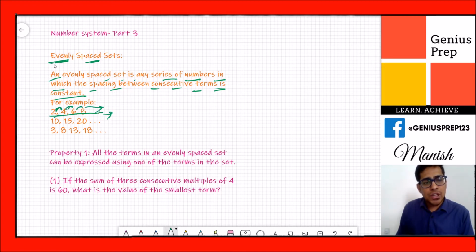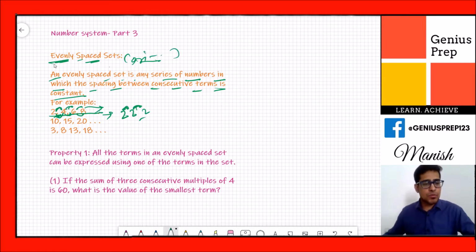Like in this series, 4 minus 2 is 2, 6 minus 4 is 2, 8 minus 6 is 2. So whenever you see a series whose consecutive numbers have the same difference, that is an evenly spaced set, or we can also call it an arithmetic series.